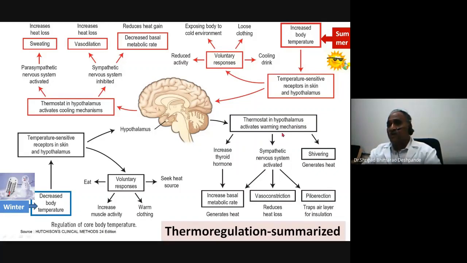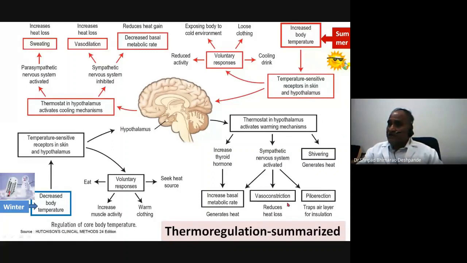In these warming mechanisms, one is the endocrine mechanism. This increases the thyroid gland activity, which increases the metabolic rate, and that generates heat. And again, the thermostat activates the sympathetic activity. Sympathetic activity increases the metabolic rate, and it produces vasoconstriction. That means it prevents heat loss.